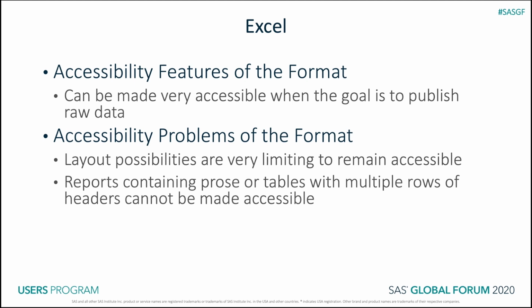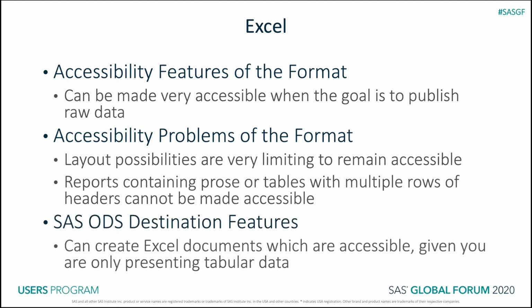Excel works really well from an accessibility perspective when all you're doing is providing raw data. So it's perfectly accessible for that. Once you start going beyond that, it starts to become less accessible. So you can create Excel documents which are accessible given that you're only presenting tabular data.